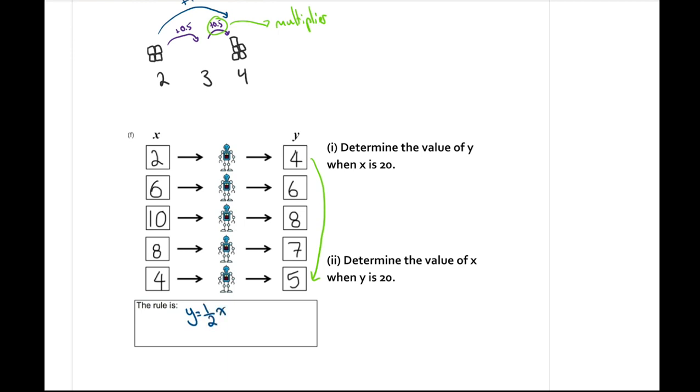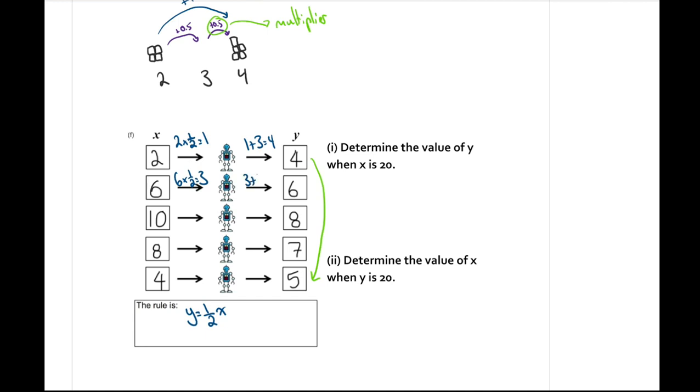Using that, I can figure out what my constant is, because I can do 2 times 1/2 and get 1. Well, 1 plus what gives me 4? The only option is 3. If we look at 6, does this pattern still work? Well, 6 times 1/2 equals 3. 3 plus what gives me 6?